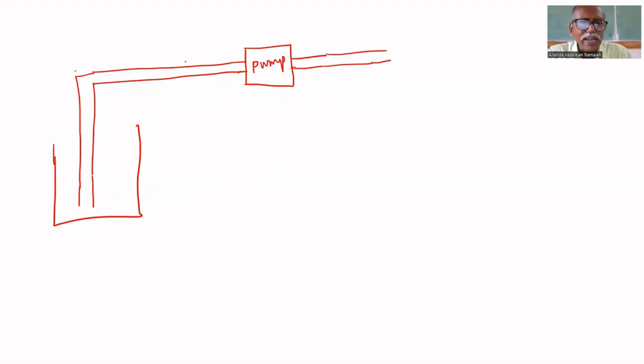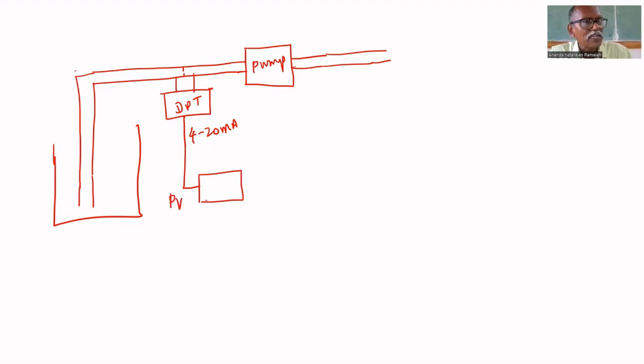For that, again, we have to measure the flow rate. An orifice plate is there. The tappings are taken. A differential pressure transmitter gives 4 to 20 milliamps. That is given to a VFD.